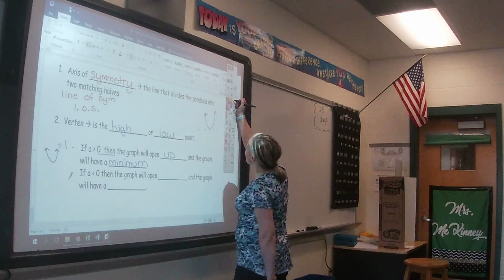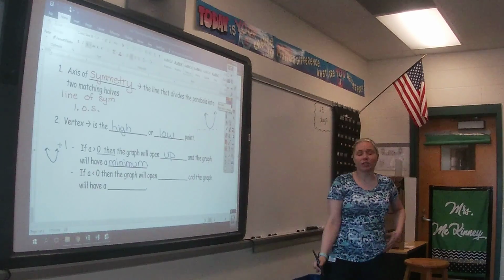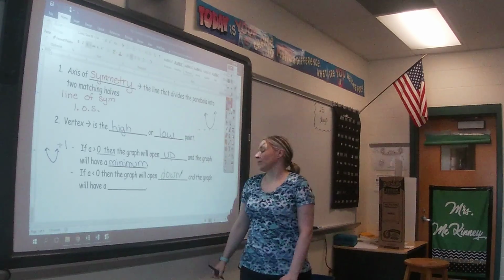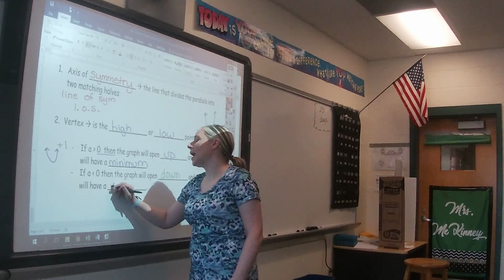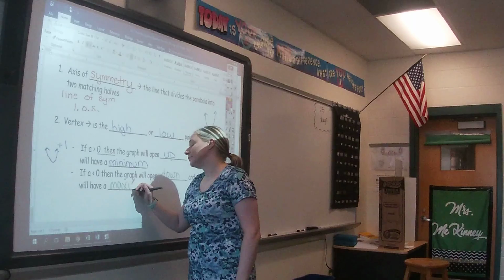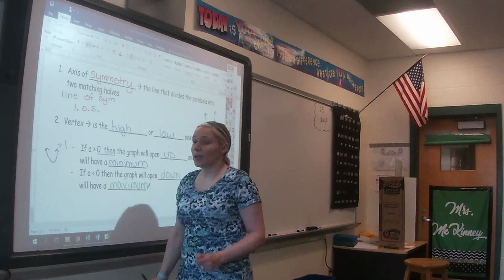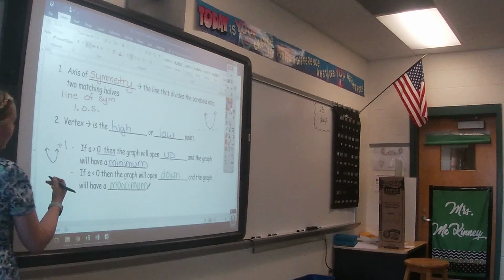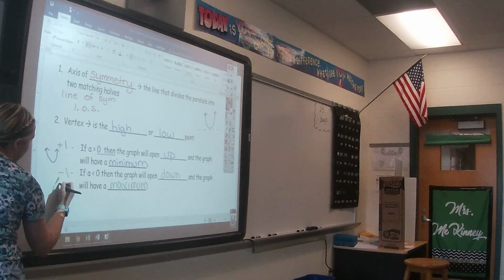If a is less than 0, then the graph is going to open down, and the graph is going to have a maximum or a high point. Okay, so what types of numbers are less than 0? Negatives. We're going to make it even more specific, and we're only going to look at a = -1.